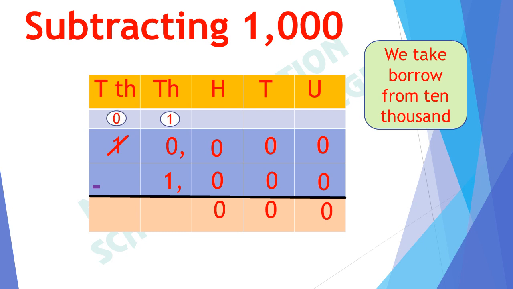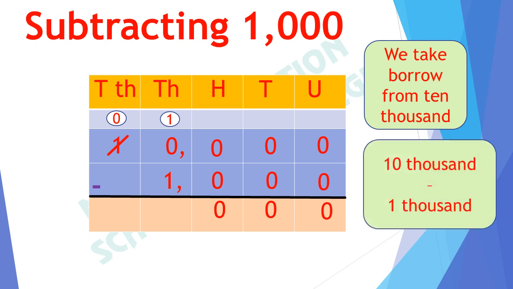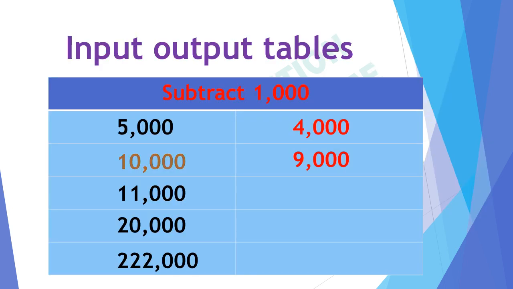Here we are left with 0 10,000s. Now, from 10,000s, we can subtract 1000. If we subtract 1 from 10, we get 9. It means from 10,000, if we subtract 1000, we get 9,000.